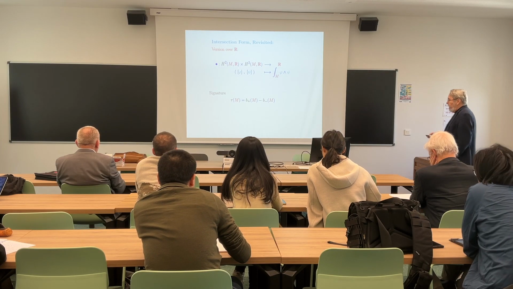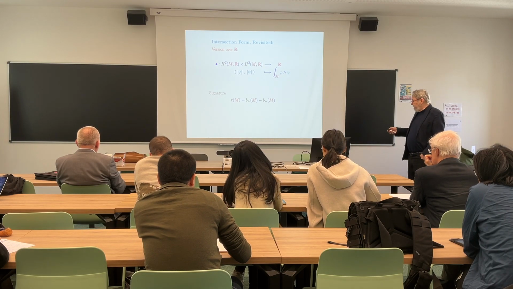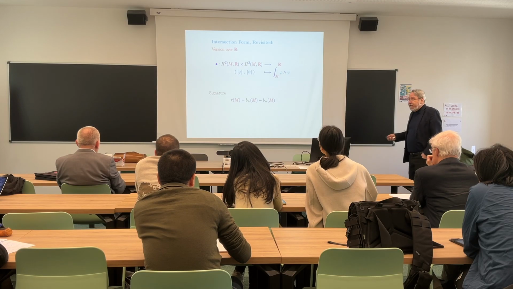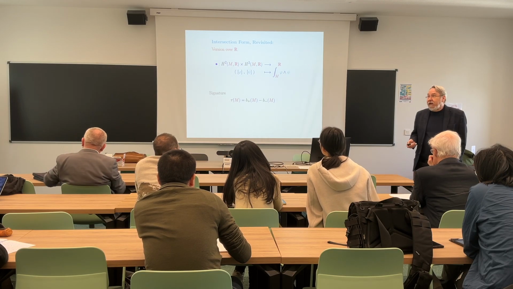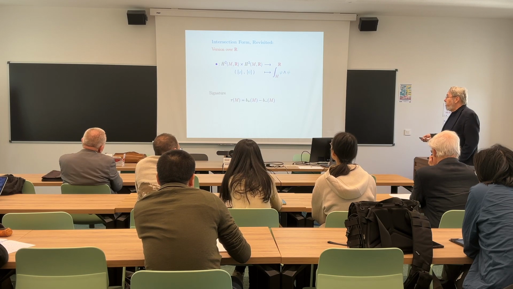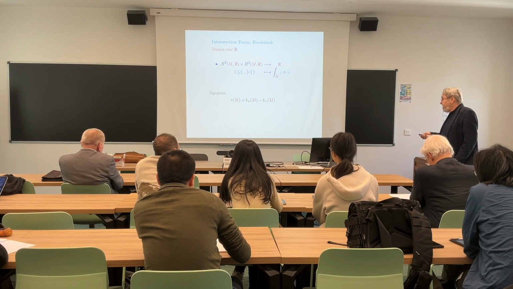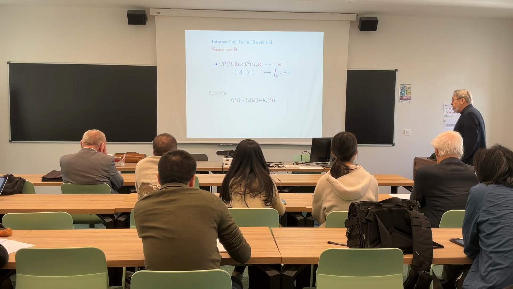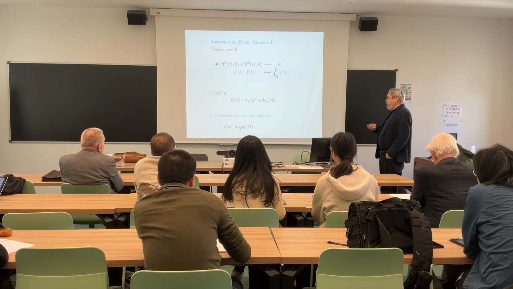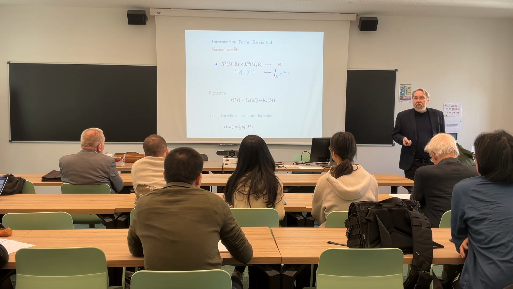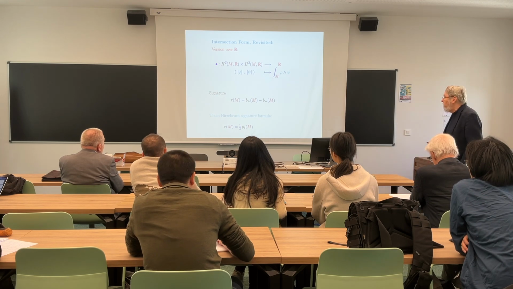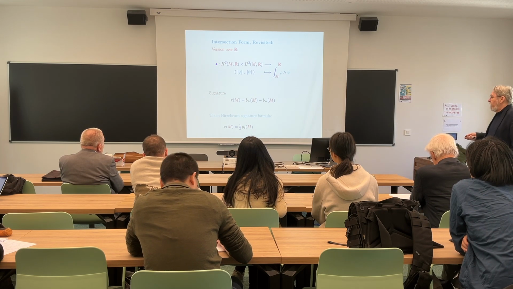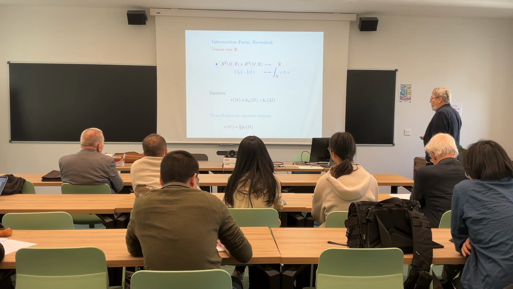Now, if you think about it a little bit, this is actually the index of a certain elliptic operator. The index theorem predicts that such things are representable in terms of characteristic classes. In this case, the relevant theorem was first pointed out by René Thom at least a decade before the index theorem, or probably 15 years before.